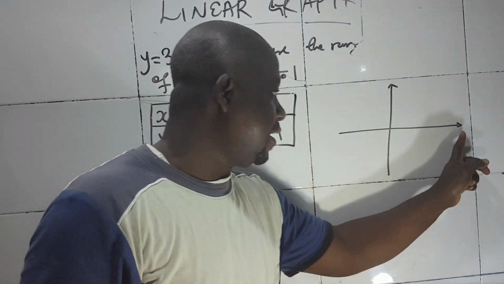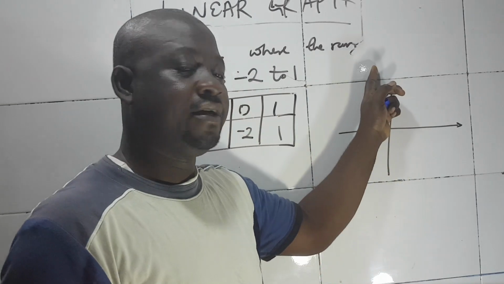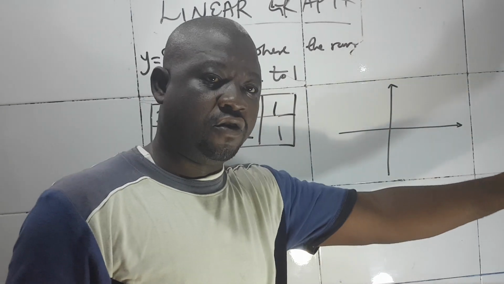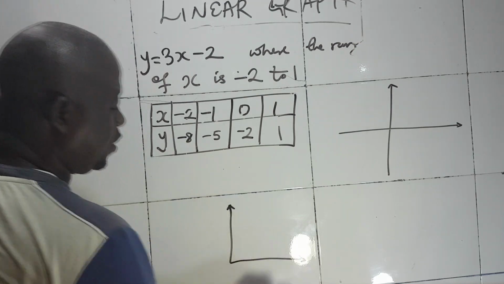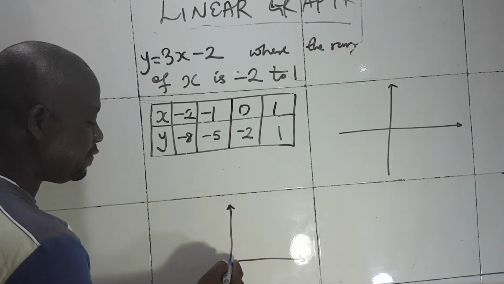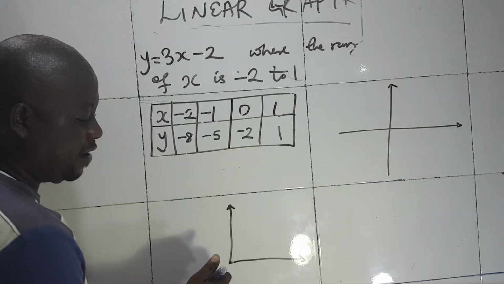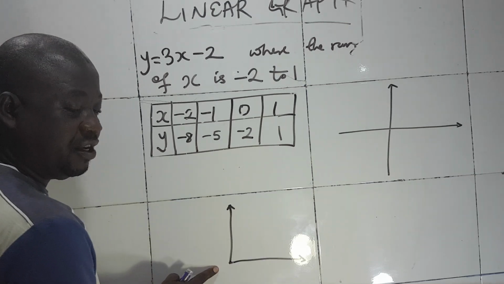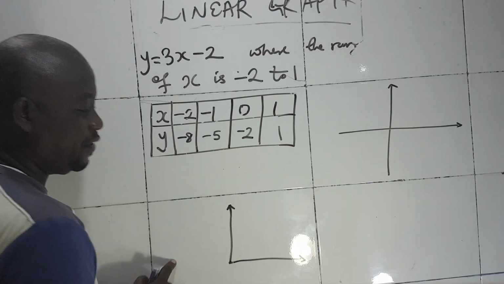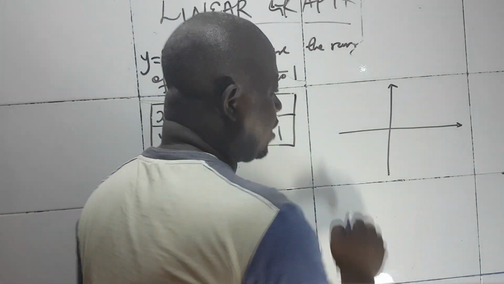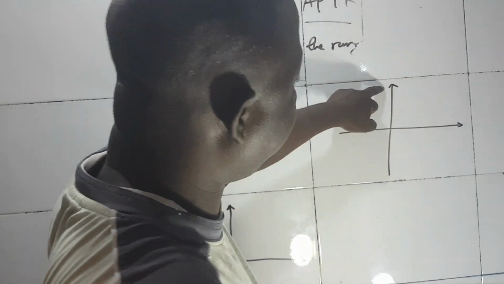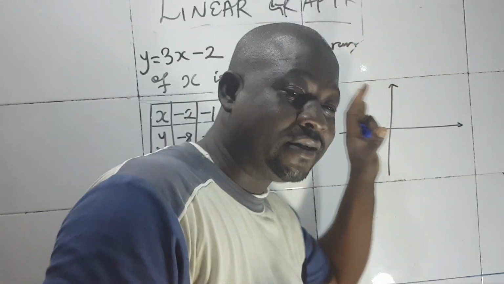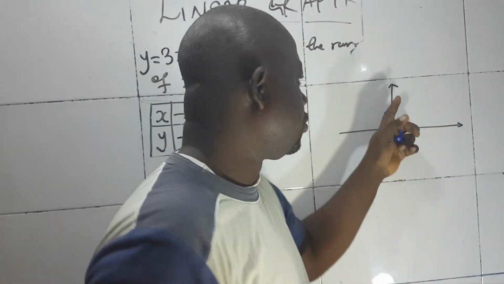In statistics, you can have it starting from this way, meaning that there is no negative value. But basically in your graph, you must always have this. Even when you are doing your physics, always have in the back of your mind that you are going to draw this kind of graph.